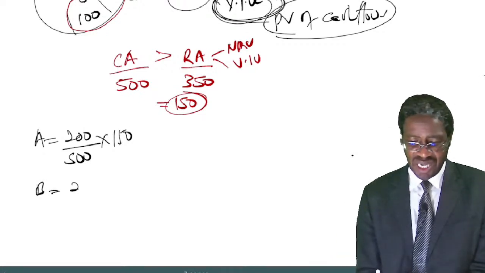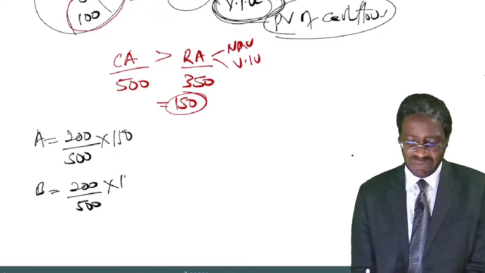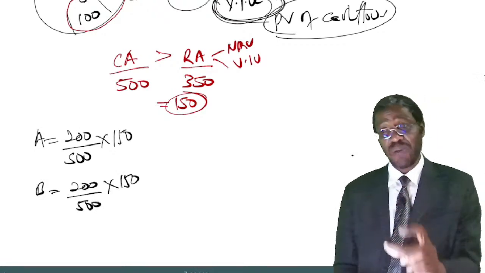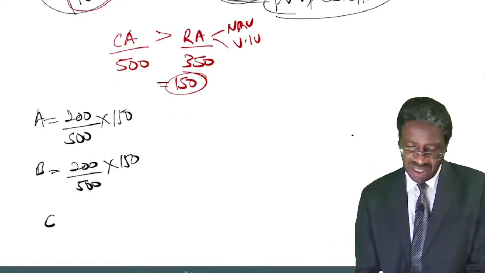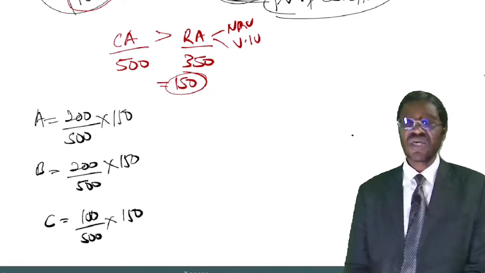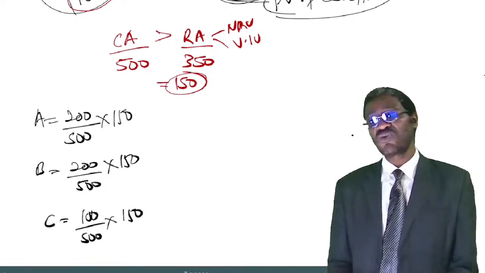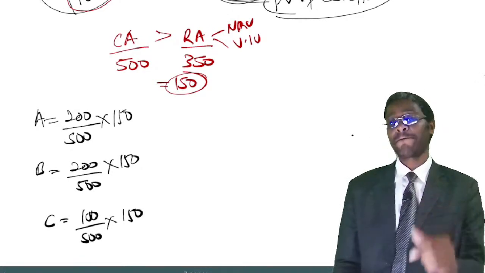B has a carrying amount of 200, divide by 500, multiply that by 150. That will give you the amount written off against B. Against C, which had a carrying amount of 100, divide by 500, multiply that by 150, that will give you the amount written off against asset C. Okay? Good.